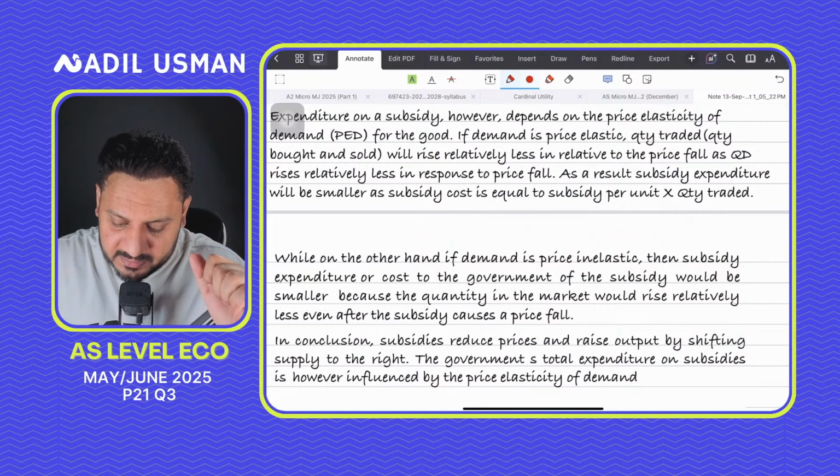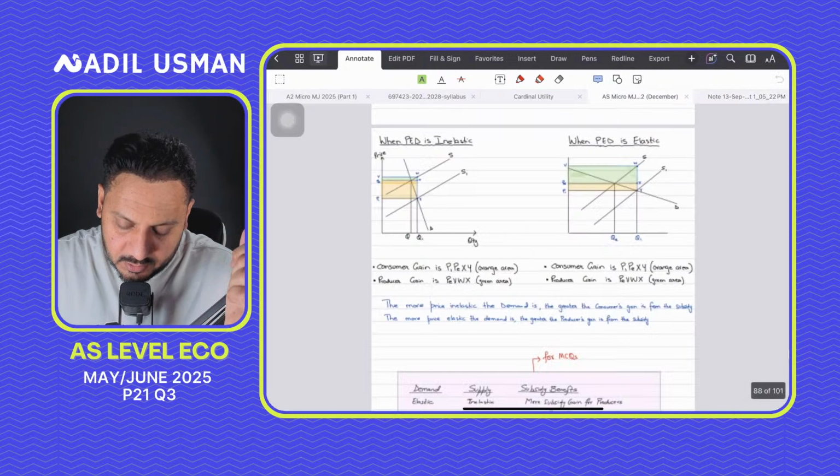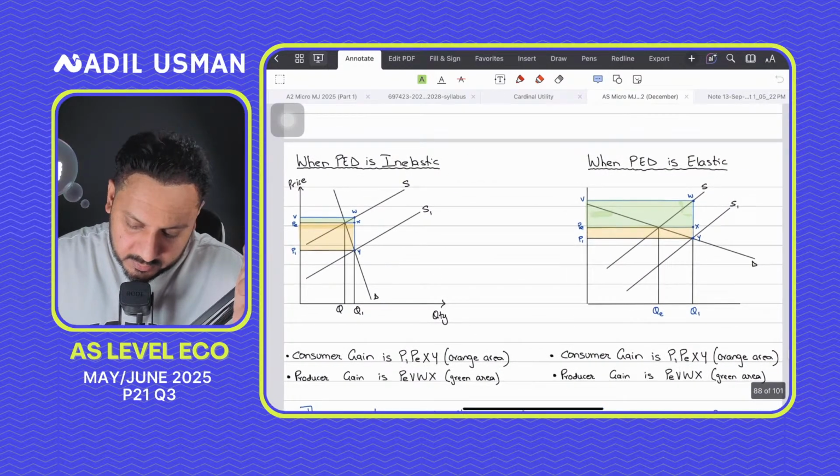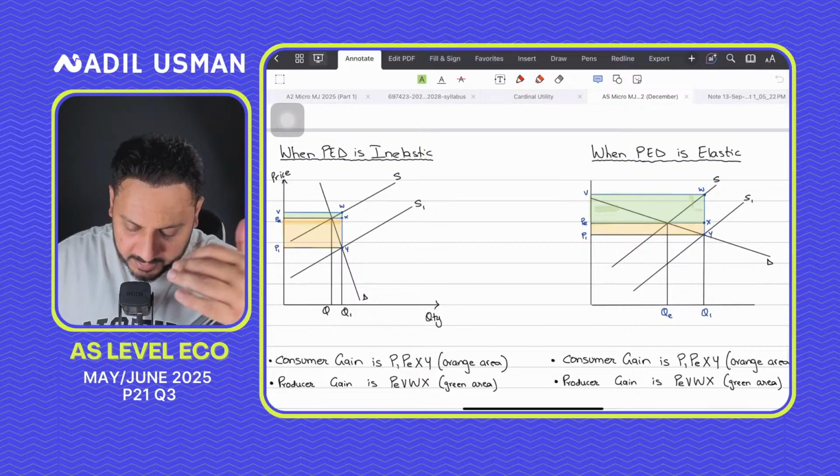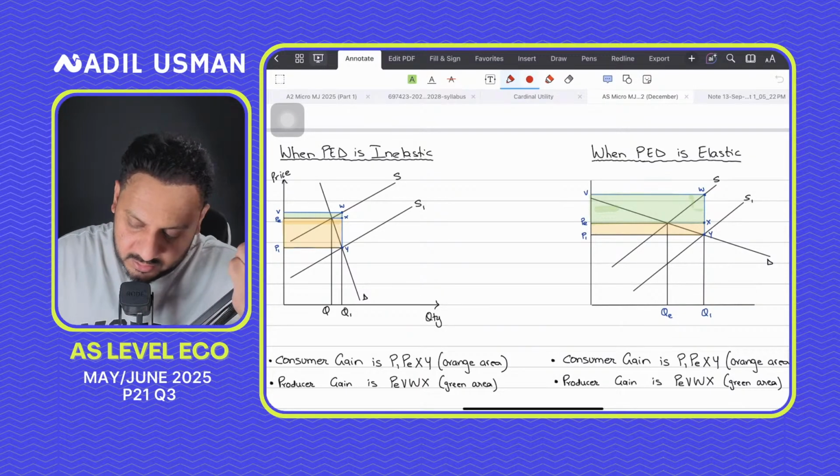And I remember teaching this in my courses, in my sessions.